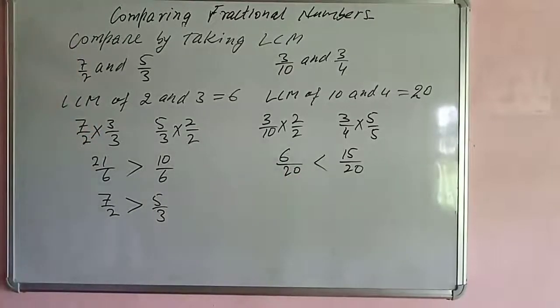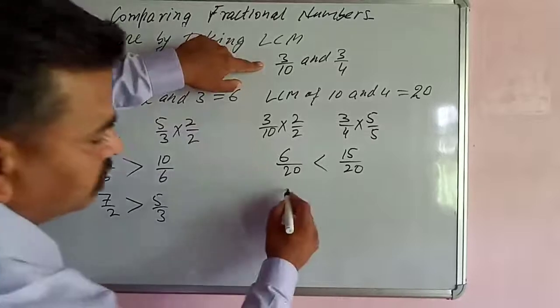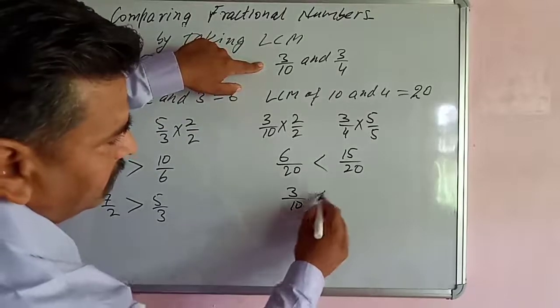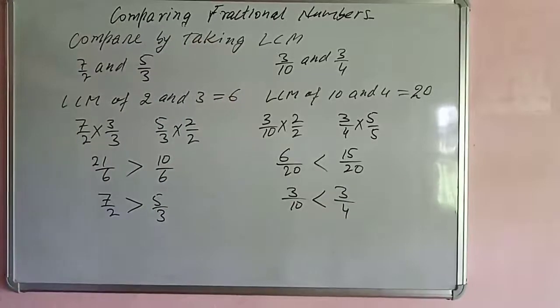So 6/20 is less than 15/20. 6/20 is the answer for 3/10, which is less than 3/4. In this way we can compare fractions by taking LCM.